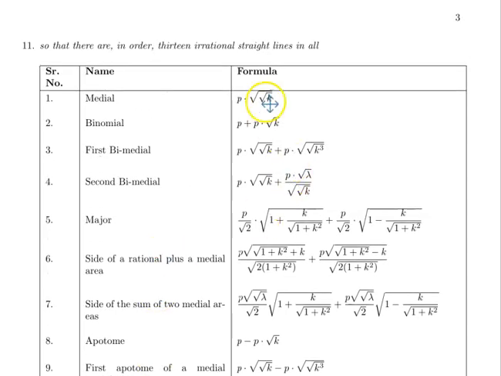And basically these are the modern notation based formulas for these. So when we say a medial straight line, we are talking of a line which is of length p times fourth root of k. Binomial is p plus p times root k, and so on.